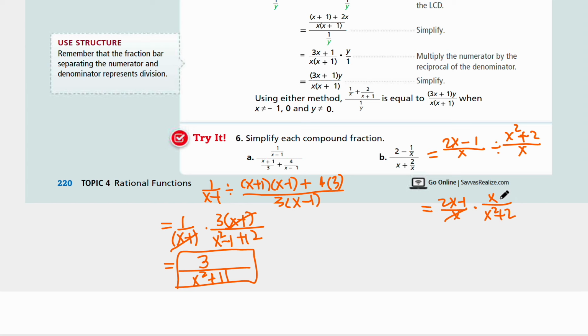And then you can cross this out, cancel them, and then you can't really factor them out or simplify any further. So this would be our final answer, 2x minus 1 all over x squared plus 2. Okay, that was example 6, try 6.